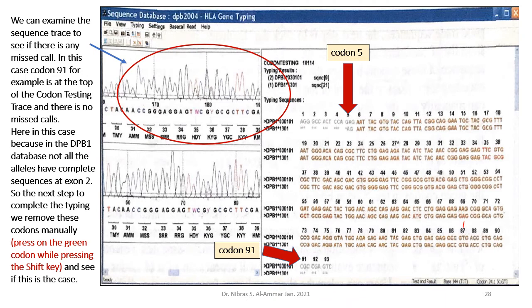When we examine the sequence trace to see if there's any missed call, and we didn't find a missed call, in this case, as you can see here, codon 91 appears in green, and we have 1, 2, 3, 4, 5 codons. These are mismatched, and 91, 92, 93 here are mismatched.